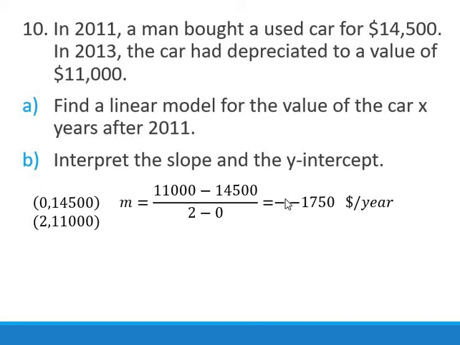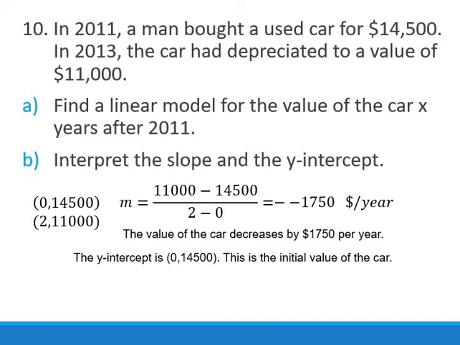I've actually got a typo, I've got too many negatives there. If you do your y minus y over x minus x, you wind up with negative $1,750 per year. And so the interpretation is negative $1,750 per year. The value depreciates or decreases by $1,750 per year.